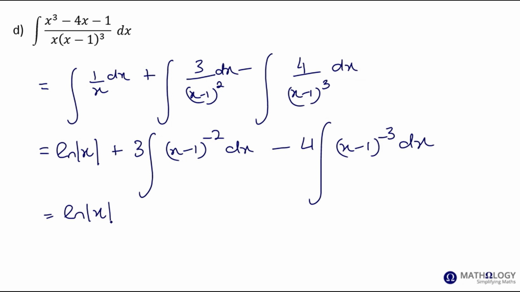So that's ln x plus 3 times, so we'll have x minus 1 to the minus 1. We can add 1 to minus 2, so it's going to be negative 1, and then we're dividing by negative 1 as well. So plus 3 times negative 1 divided by negative 1 will just be negative 3.